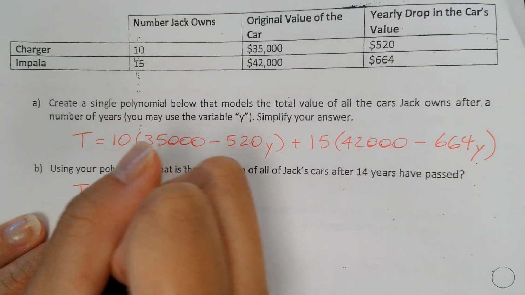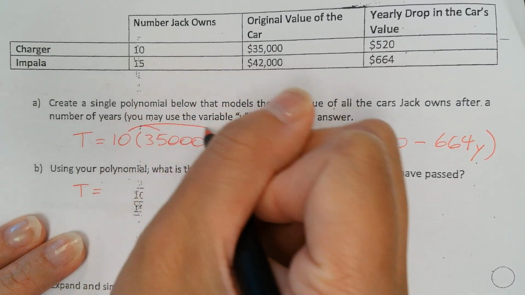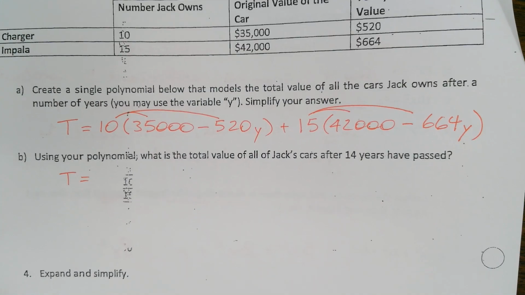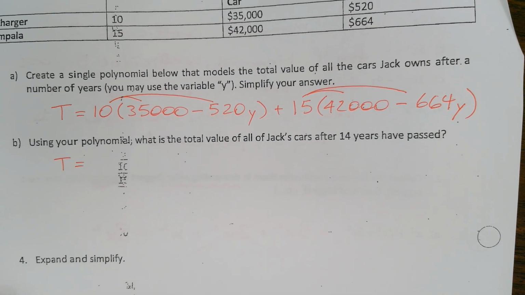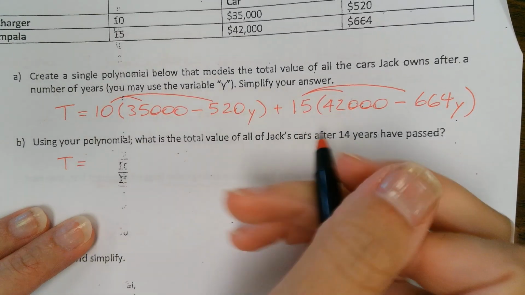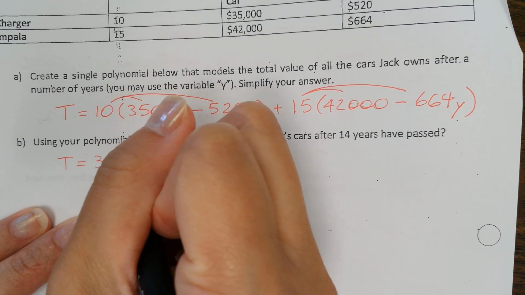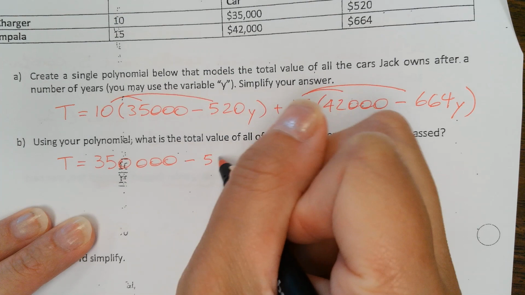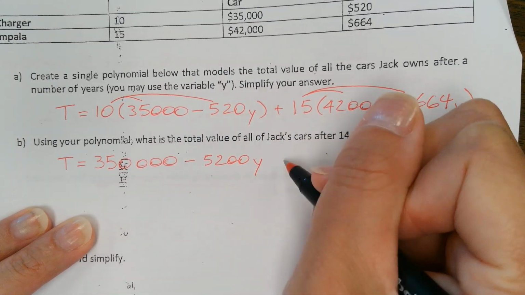Okay. So to simplify it, that means we have to multiply this with this, multiply this with this. Very similar to the example you guys did yesterday in class. So when you multiply it out, you get 350,000. Take away 5,200y.